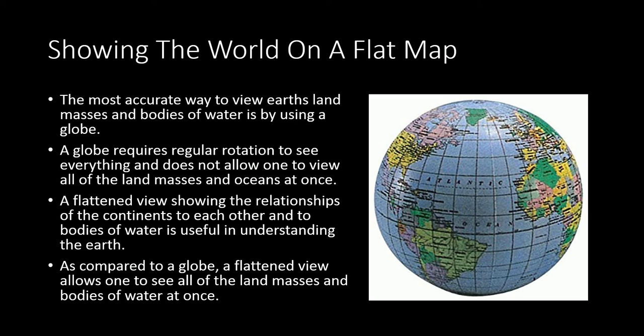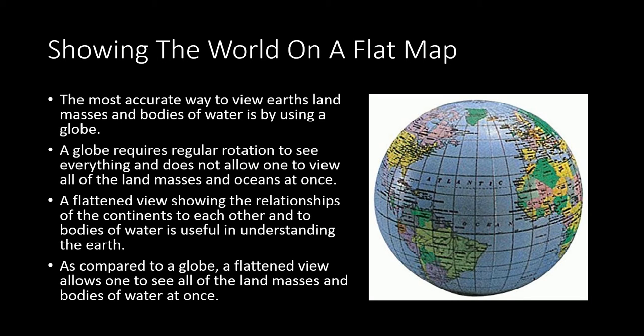All right? So, showing the world on a flat map. The most accurate view of Earth and its land masses is on one of those blue things on your desks over here. You can spin them around and get an idea of where everything is. It's based on a sphere. But if you're looking at the spheres on the tables, you can't see everything at once.